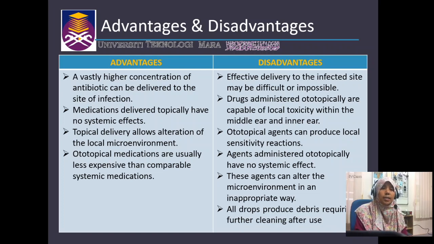They don't have any systemic effect. They can also alter the microenvironment in an inappropriate way, meaning you want to treat the condition, but it can worsen it, for example in the case of low pH. All drugs produce debris requiring further cleaning after use, meaning you need to clean your ear after using the otic preparation.